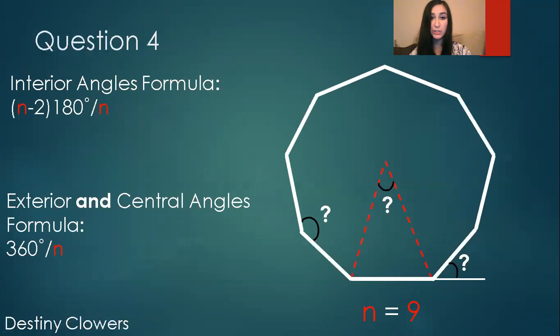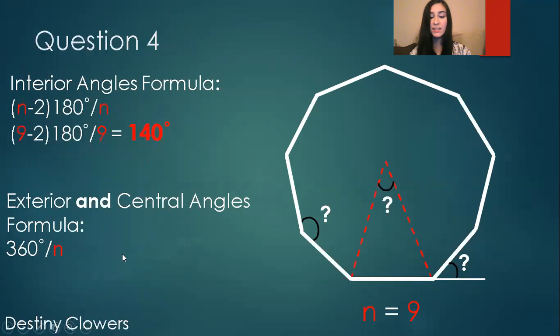And now all we're going to do is plug 9 into the formula right here. So for interior angles, we get (9 minus 2) times 180 degrees divided by 9, and this equals 140 degrees. So that means that our interior angle right here is equal to 140 degrees, and every single one of those will be.